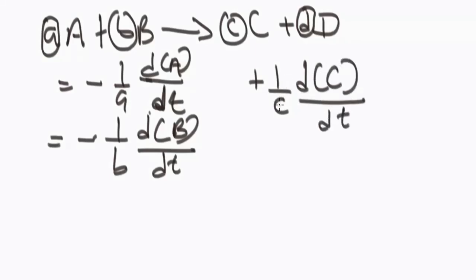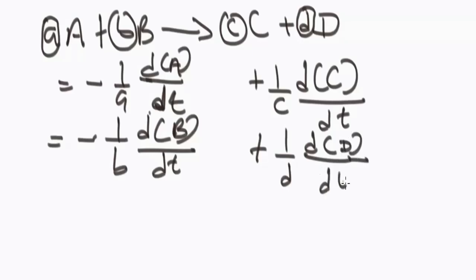So this c is the stoichiometric coefficient, and the appearance of product D will still be plus 1 over d times change in product D over change in time.